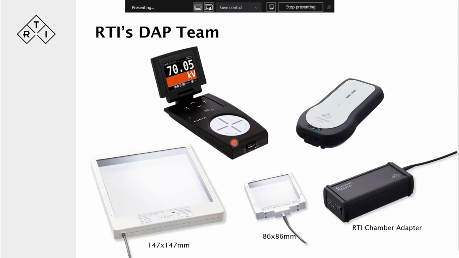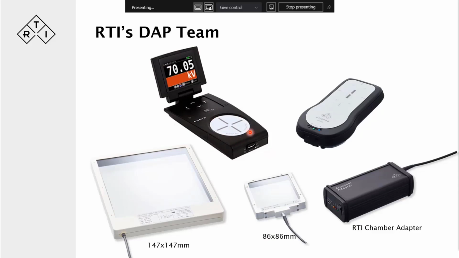The difference, of course, will be that for panoramic dental, when we need to measure the kV, the detector of the Cobia is a bit too large. So if there is a kV measurement for panoramic dental, we need to recommend the Piranha dental. For all the other applications, the Cobia would do the job.